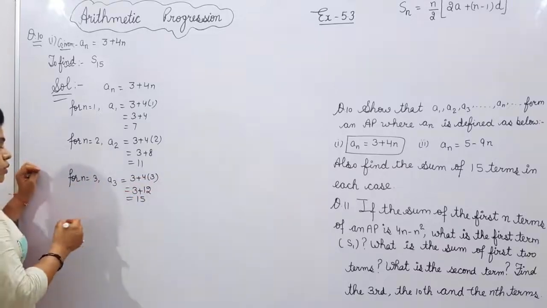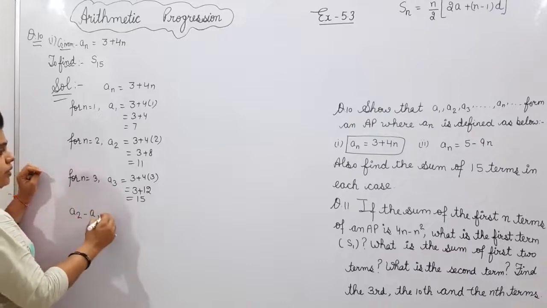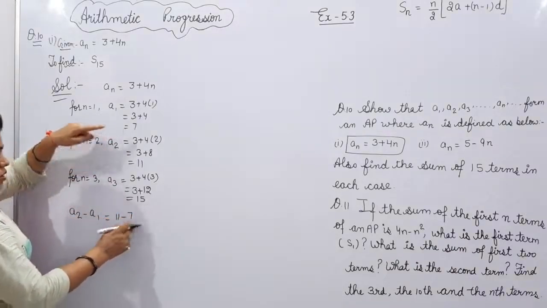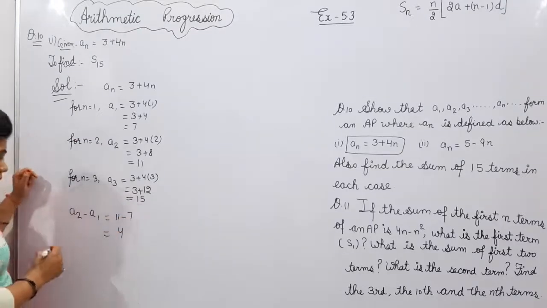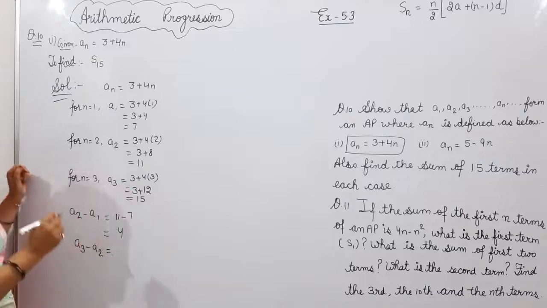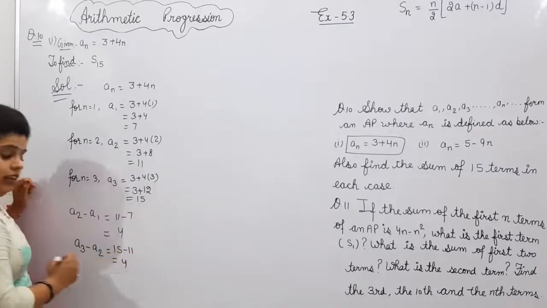Now we will find a2 minus a1. What is a2? 11 minus 7. So from here we will get 4. Now a3 minus a2, and a3 is 15 and a2 is 11, and we are getting 4.